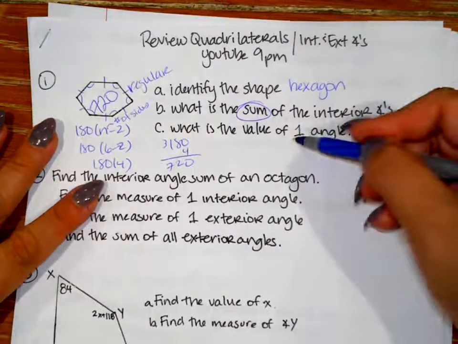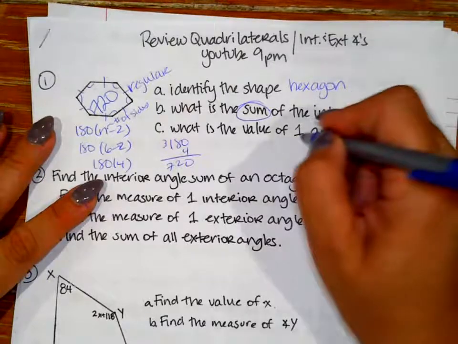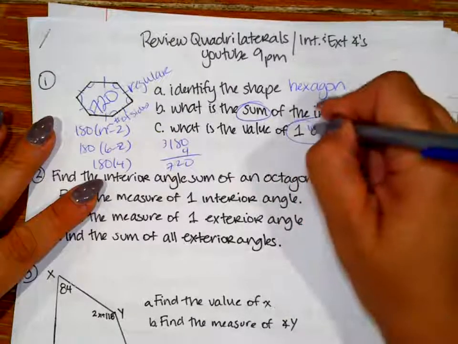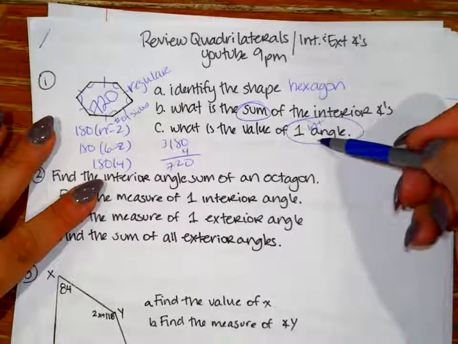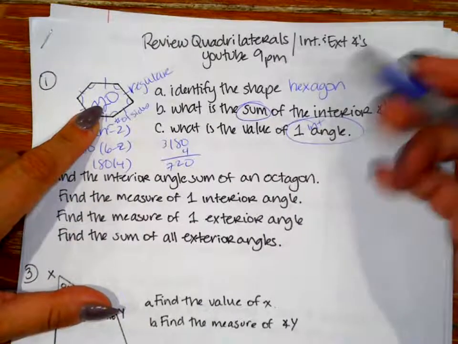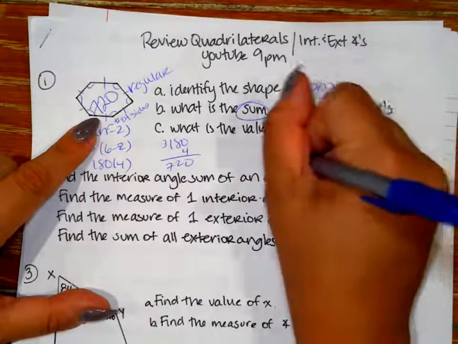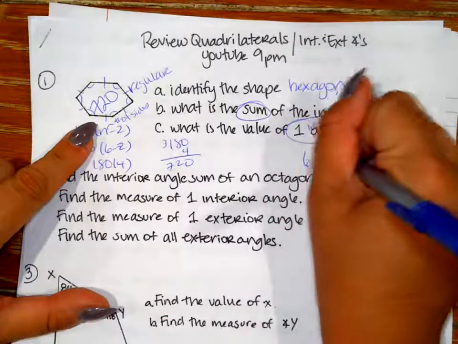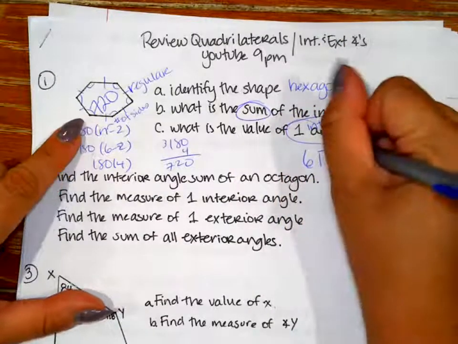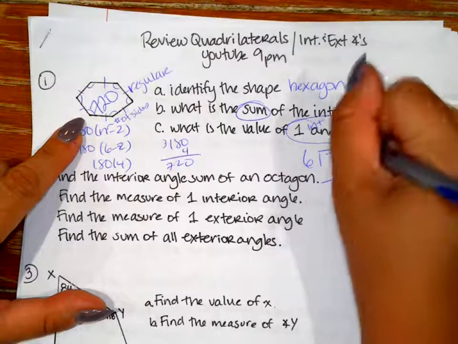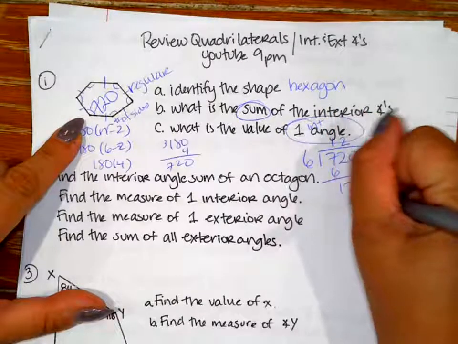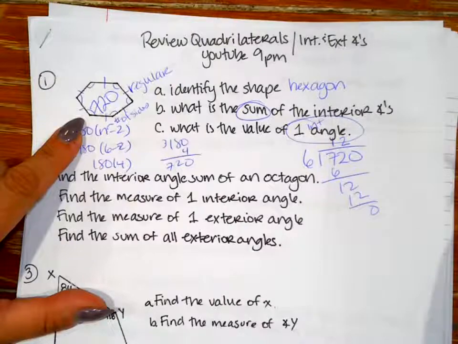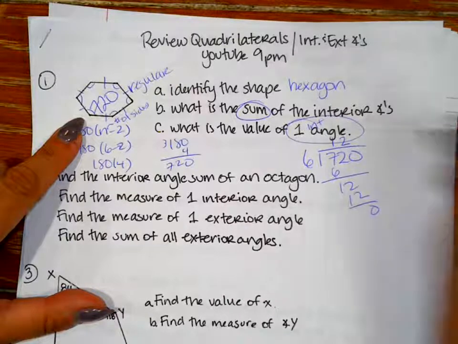Now they just want one angle. To find one interior angle, you just divide the total by the number of sides. So I have 6 sides. It's a hexagon. It's 720 divided by 6. Go ahead and do the math, and you're going to get 120.